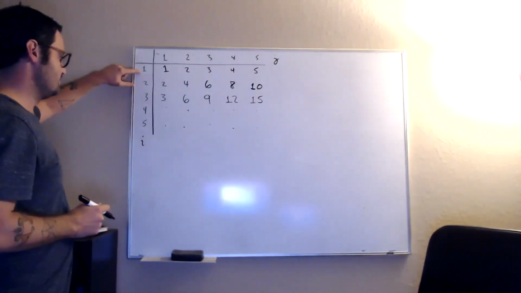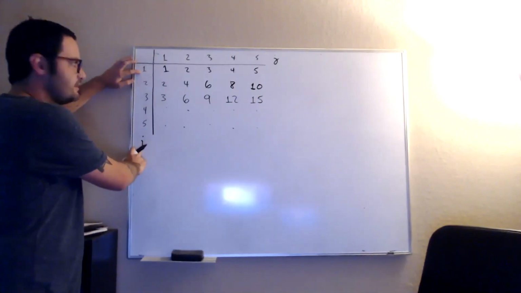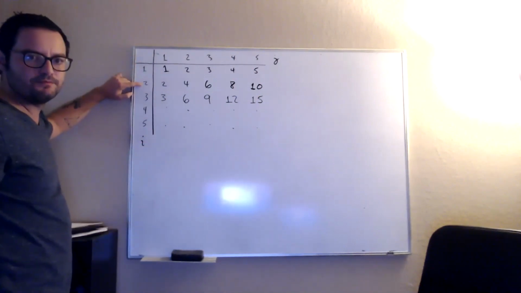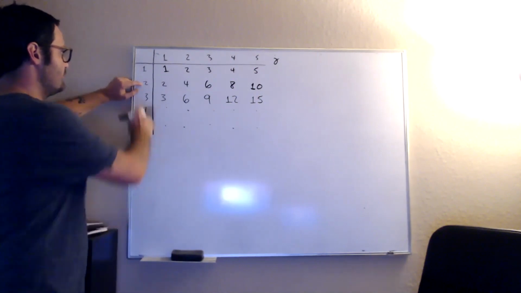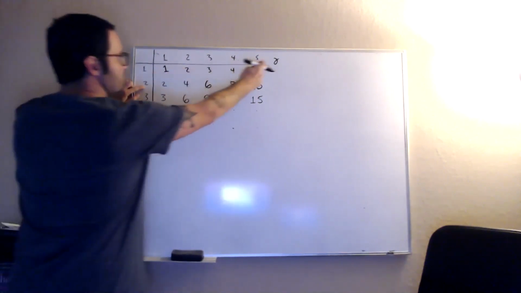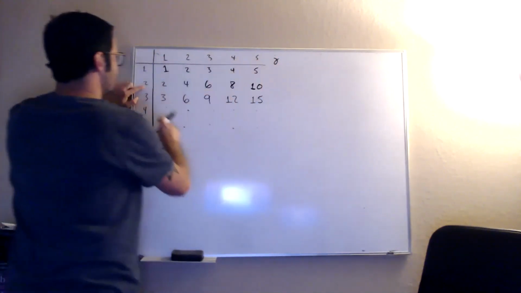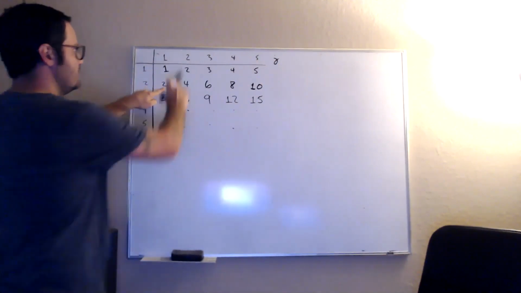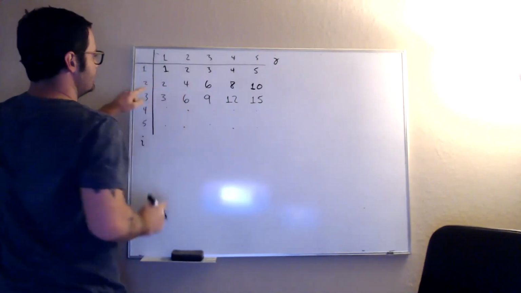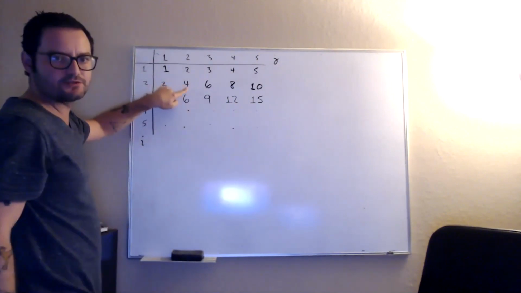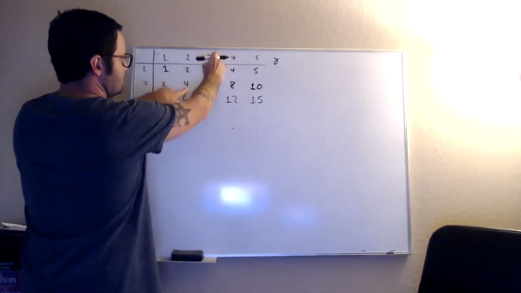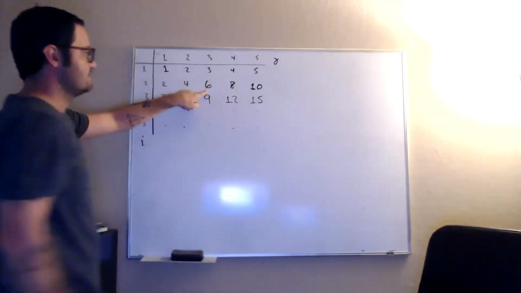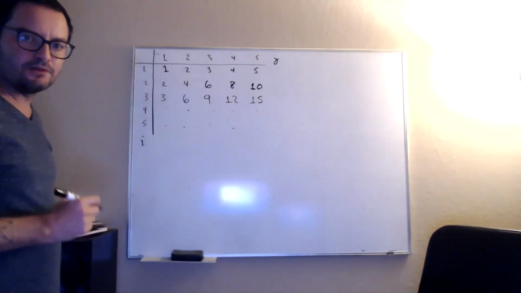And then we look back to I, and we increment I to 2. Once we increment I to 2, we increment J all over again. So I times J is there, and then you increment J to be 2, and it's I times J to get that entry, and you increment J again to get to 3, and you get I times J to get to 6, and so forth and so on.